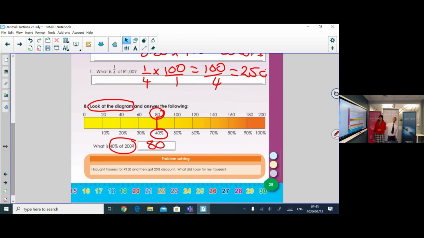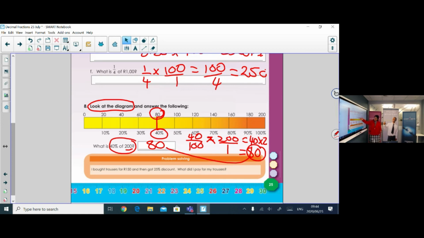But should you need to calculate this, we can and check whether we are right. The question asks us to do that. 40% of 200, you simply say 40 out of 100 because it's a percentage. You multiply by 200 over 1. This is similar to 40 times 2. Use your calculators and you get 80.